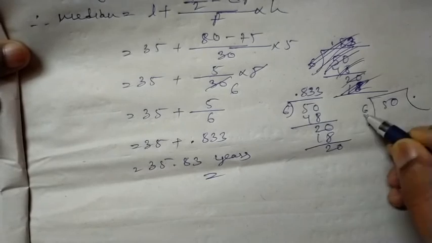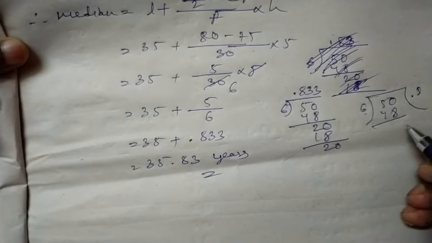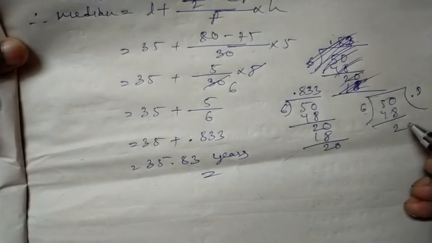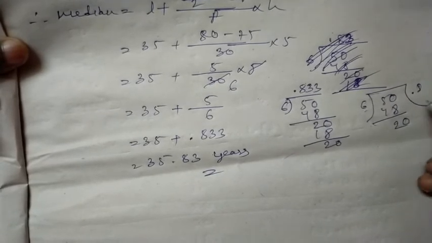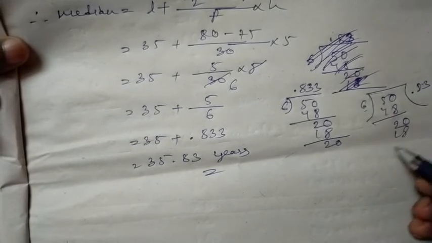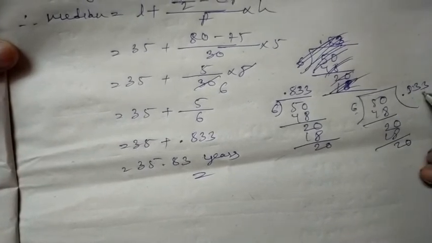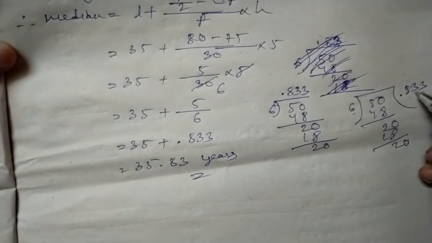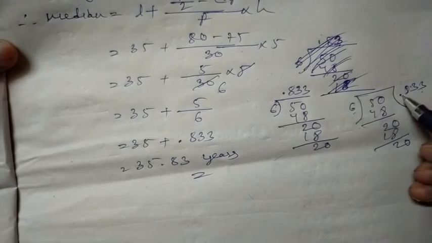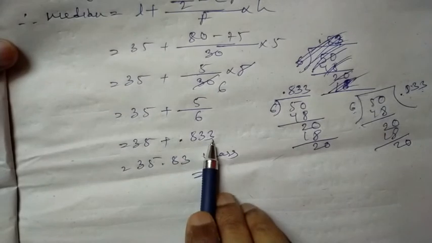Then 6 8s are 48, subtracting gives 2, then again 0, 6 3s are 18, again you get 2, 0, 6 3s are 18. It will keep on going. So 0.833, I have written over here.